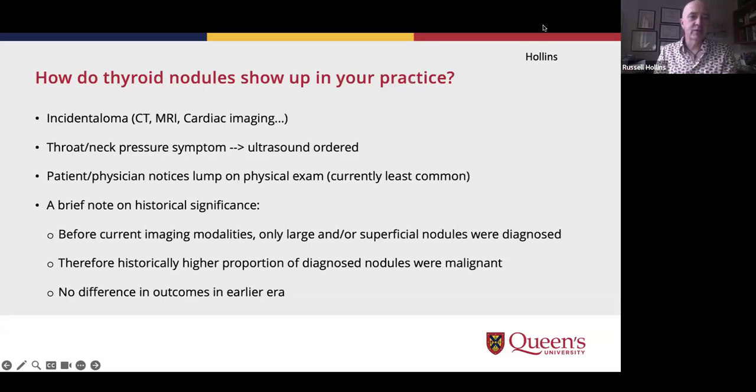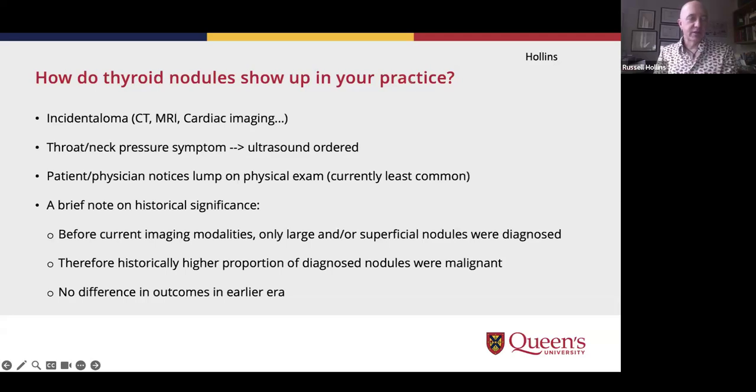Back in the early 90s, people started writing the term incidentaloma into papers, which was initially viewed as somewhat humorous, and now it turns out that's probably somewhere between 95 and 98% of the cases we see in thyroid clinic and in the head and neck clinics. One of the things I've noticed in my practice is that a patient is referred with a finding of a thyroid nodule, and they went to their physician with a complaint of some feeling in their throat or neck, a feeling of pressure, something we sometimes call globus, a feeling of discomfort, and an ultrasound was ordered.